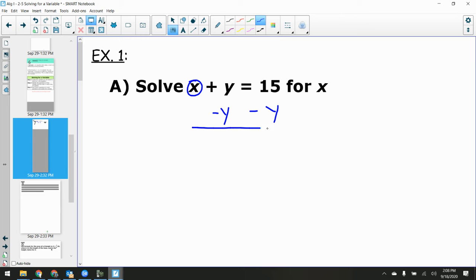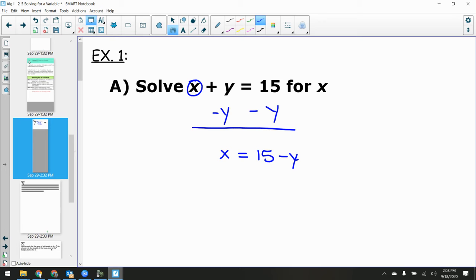Okay, well, the problem with this is, can I take 15 minus y? It won't become a singular number, will it? No, and that's okay. You're going to have just 15 minus y. Am I going to get x equals a number? No. That's not the point to these. The point is just to manipulate the equation.